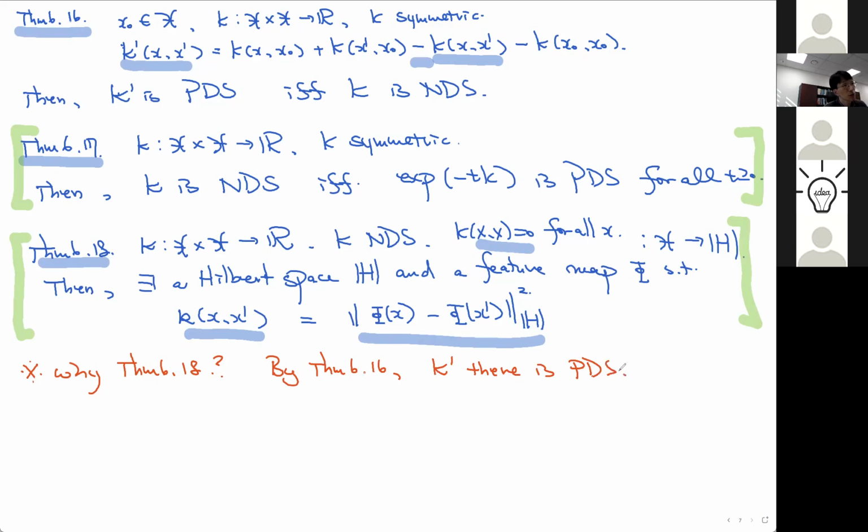So if we have PDS, we know that there is an associated Hilbert space. So we can now think about, so let H prime and B prime be the RKHS of k prime and its feature map.